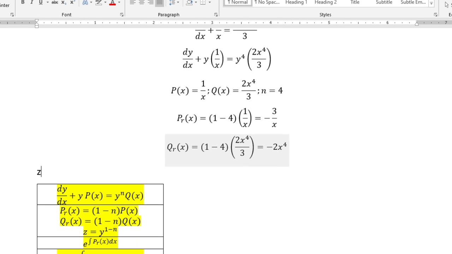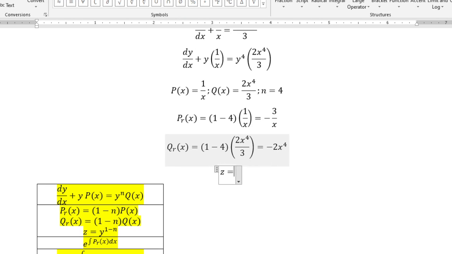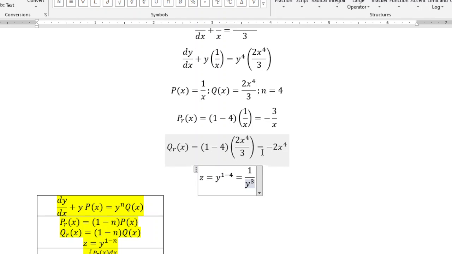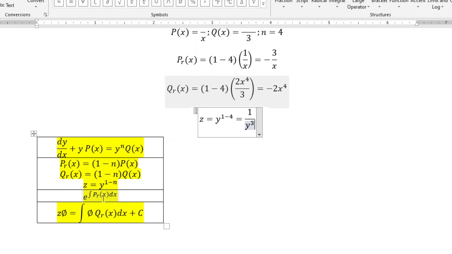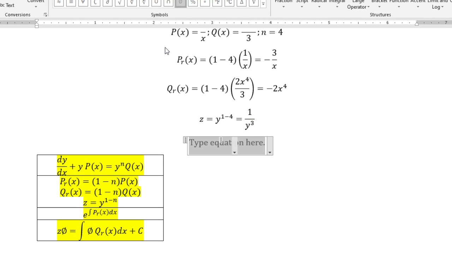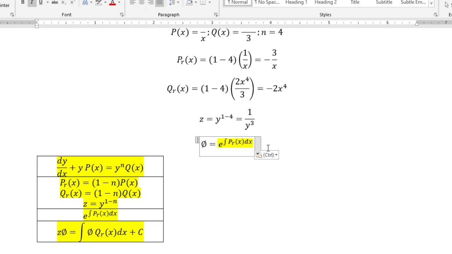And then, kailangan natin si j will be equal to y raised to 1 minus 4, or equal to 1 over y cubed. Okay? And then, kailangan natin ng integrating factor, which is e raised to the integral of PR of x dx.